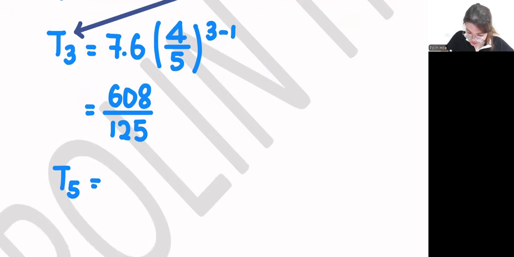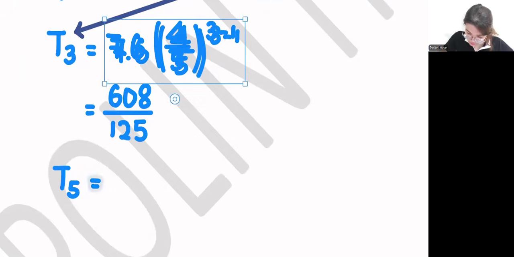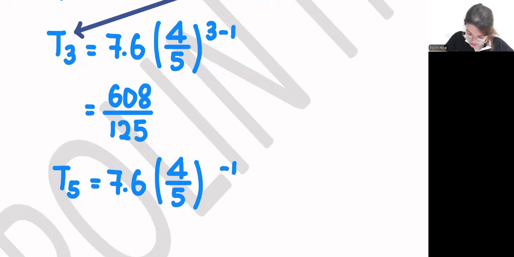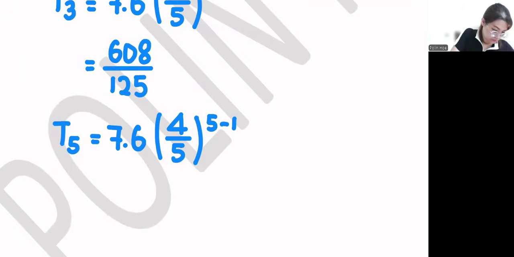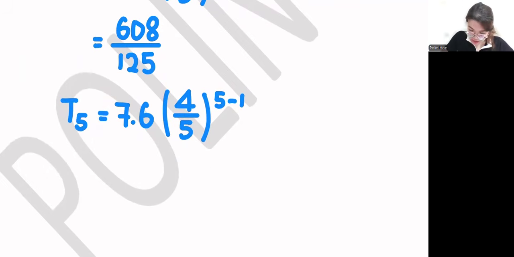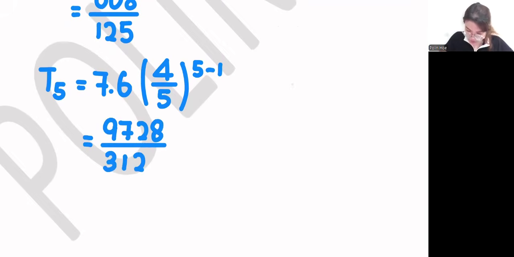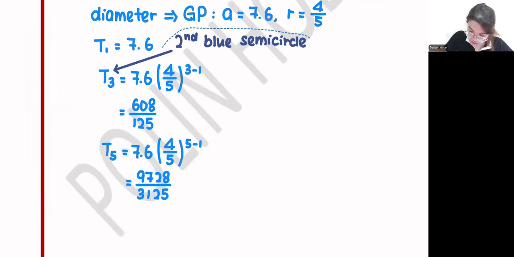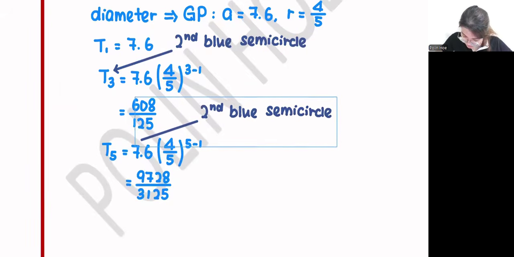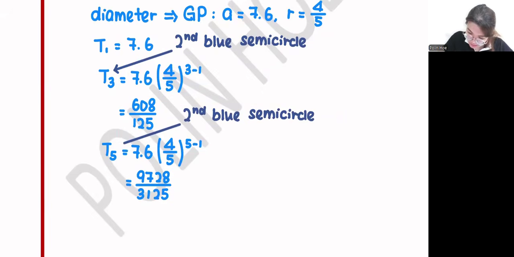T5 is 9728/3125. These are all only the diameter, ha.